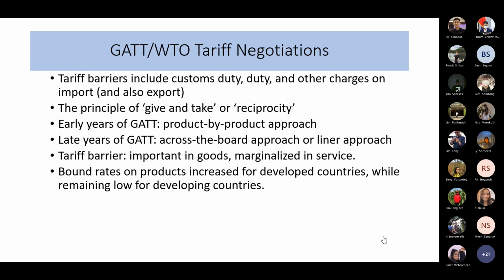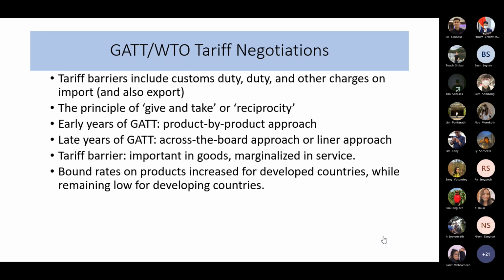But we cannot apply the actual rate over the bound rate, because the bound rate is what we have committed. It is the maximum ceiling you are willing to apply. You can apply from 1% to 20%, but you cannot apply higher than the 20%, which is called the bound rate.